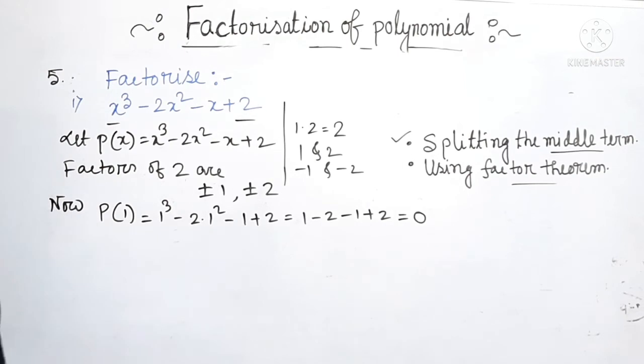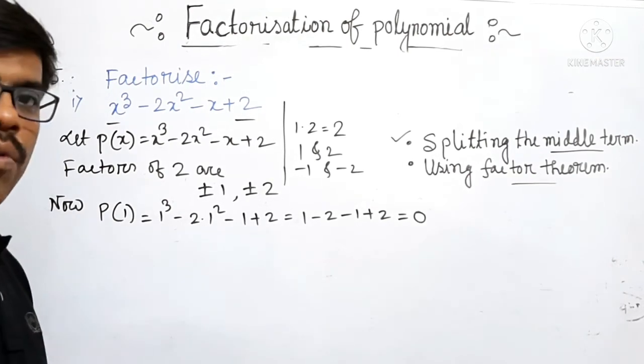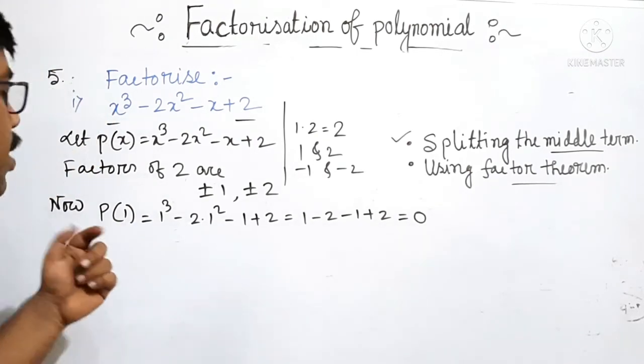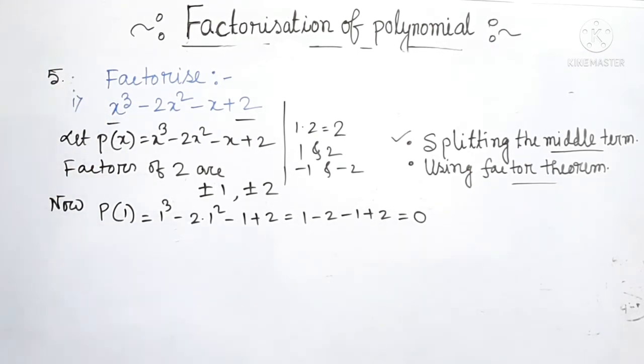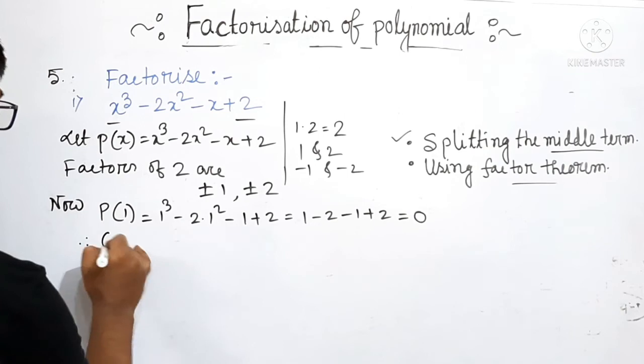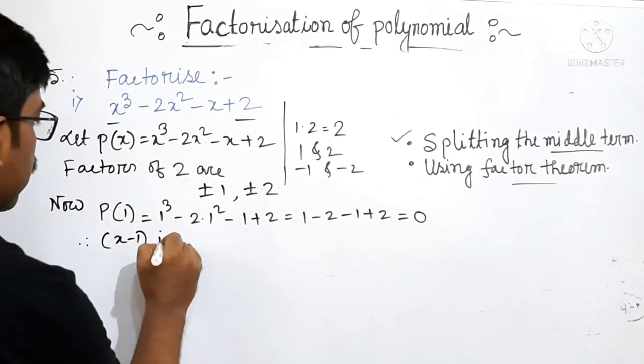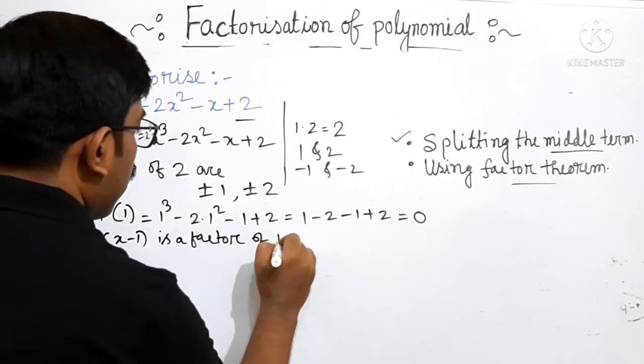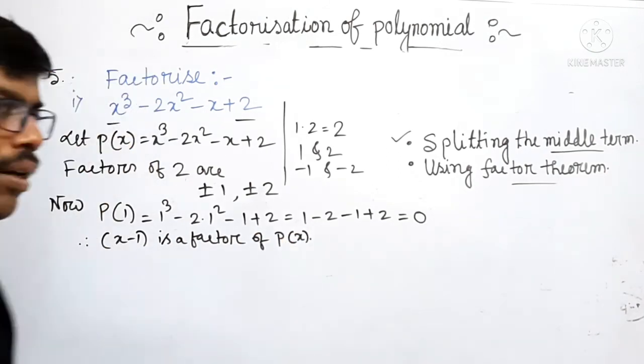From the factor theorem, what do we know? That if P(a) is equal to 0, then x minus a is a factor. Therefore, obviously, x minus 1 is a factor of P(x).